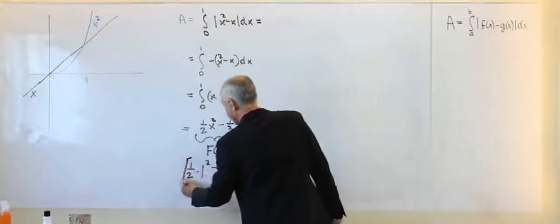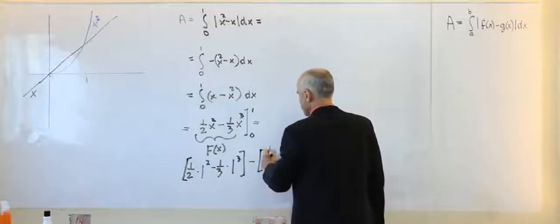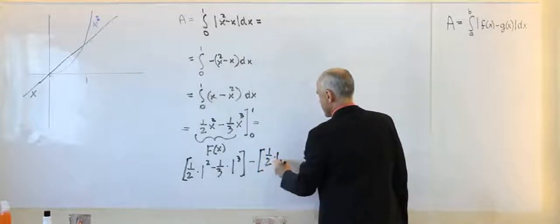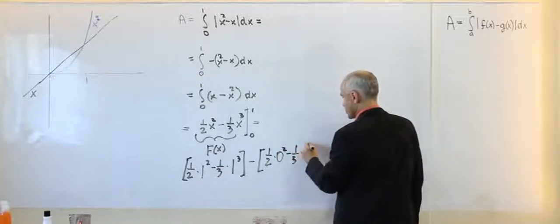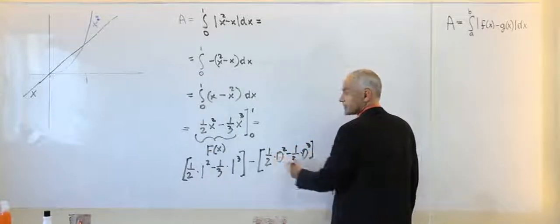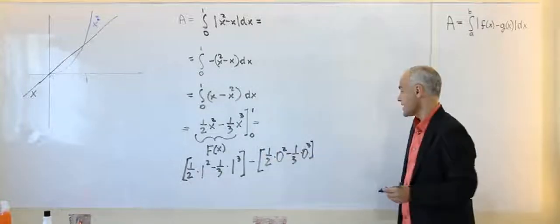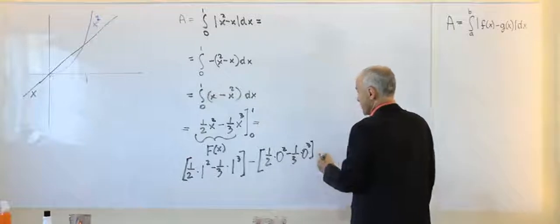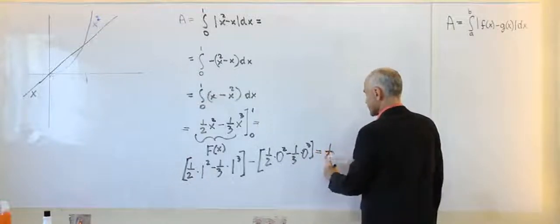So that is F of 1 minus now F of 0. So 1/2 0 squared minus 1/3 0 cubed. This is 0. That's 1/2 minus 1/3. So our final answer is 1/6.